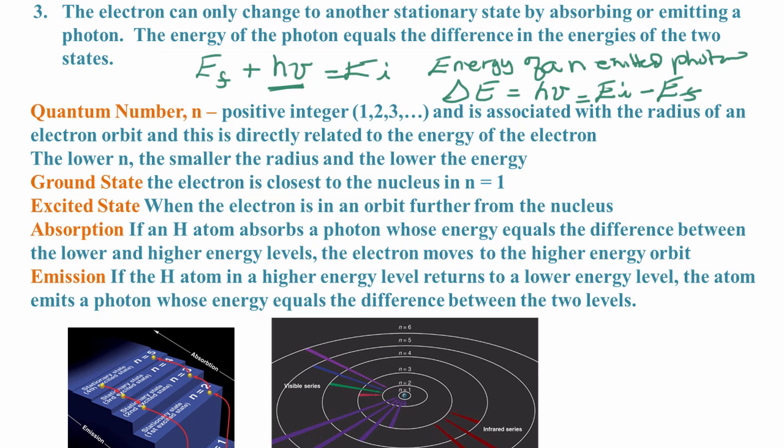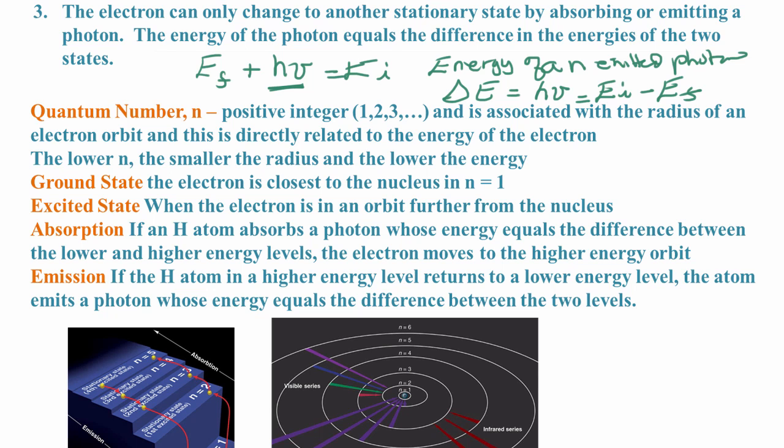Now, if a photon is absorbed, then your final energy is going to be greater than that of the initial energy because the electron is going to go from a lower energy level to a higher energy state.